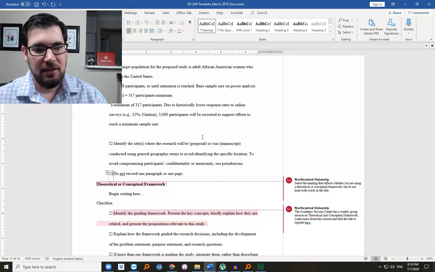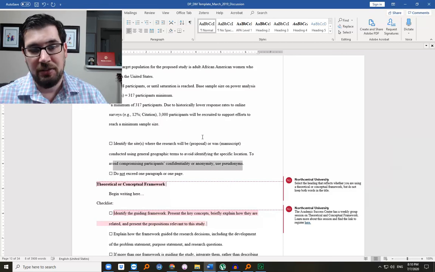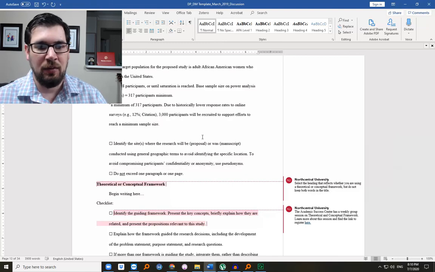This is to avoid compromising confidentiality or anonymity, as well as using pseudonyms. If you're doing a qualitative study, you often point to direct individual quotes, and you want to say participant A1 or C11, whatever you've come up with as an alphanumeric coding process to identify the individuals.